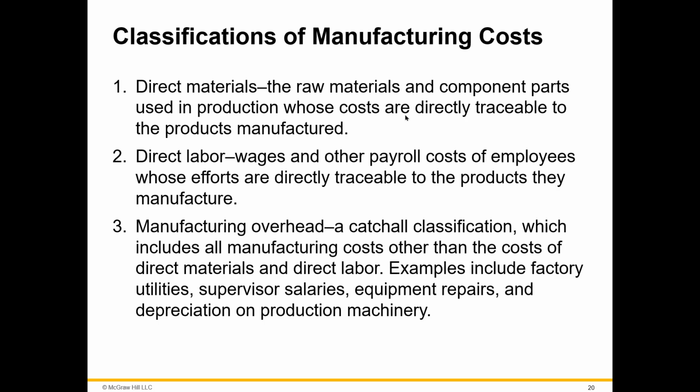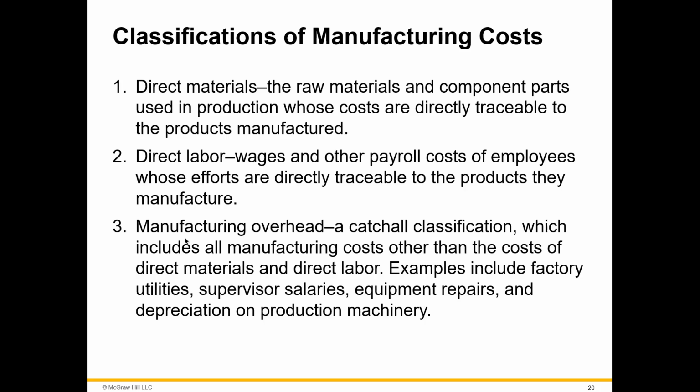I see it in there. There's a hard drive. That is directly traceable. Direct labor is the wages and other payroll costs of employees whose efforts are directly traceable to the products. So whoever puts this computer system together, those direct labor costs would be directly traceable.